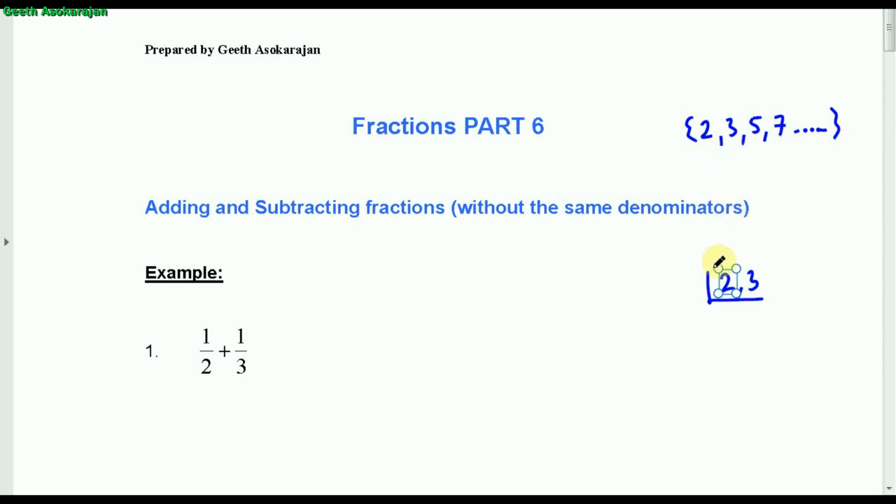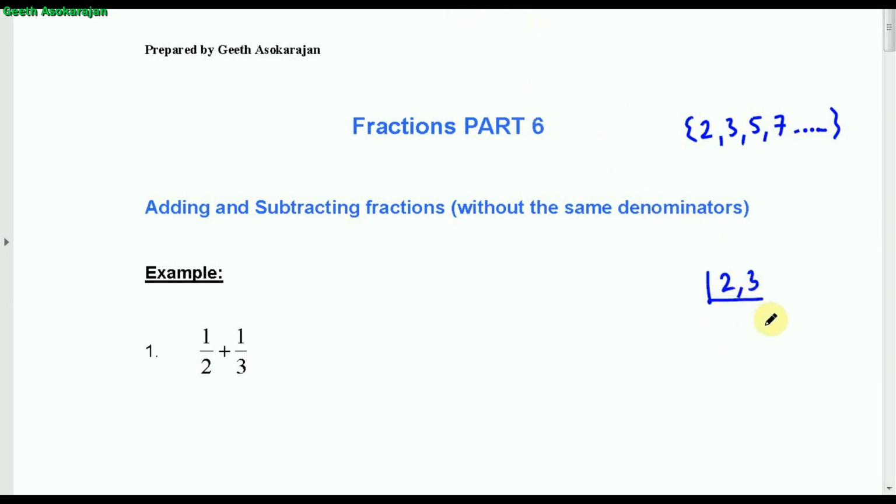And we divide repeatedly until both numbers can no longer be divided. Looking at 2 and 3, we cannot divide both of them by these prime numbers, giving numbers with 0 remainder.